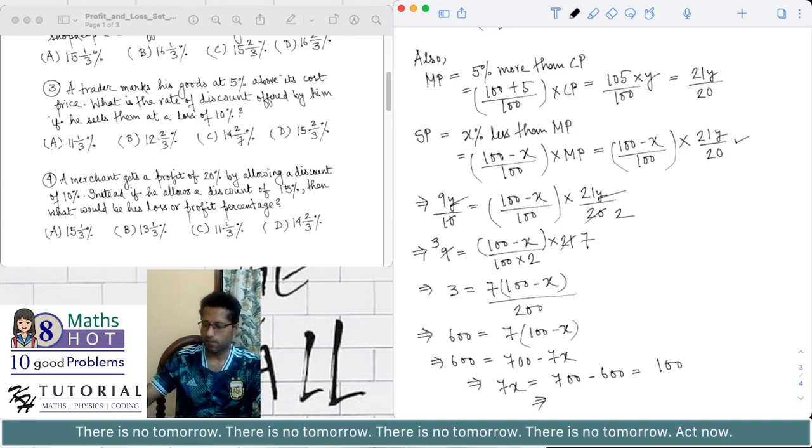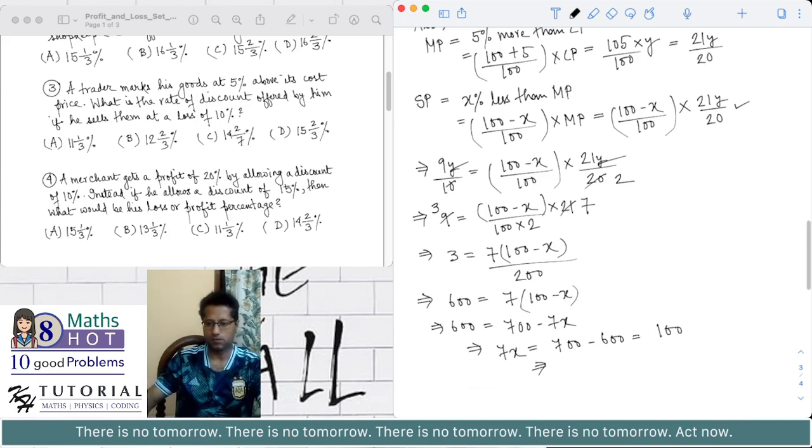This implies x is equal to 100 divided by 7, which is equal to 14 and 2/7 percent, the discount. So the correct choice is C.